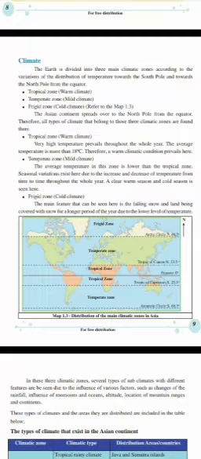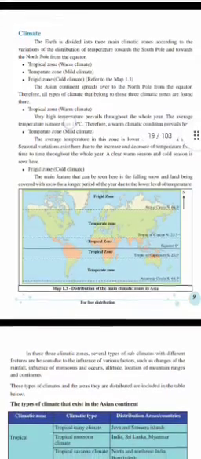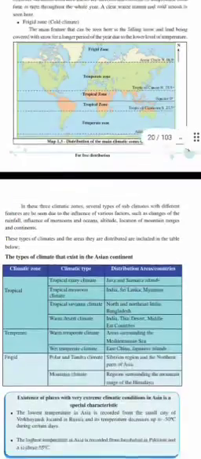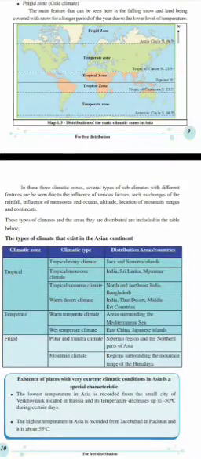In the main climate zones, several subclimates can be seen. Now we are going to talk about the reasons for occurring subclimates.